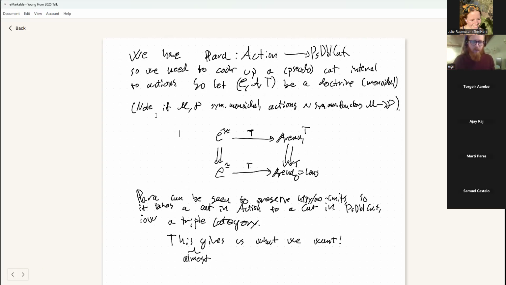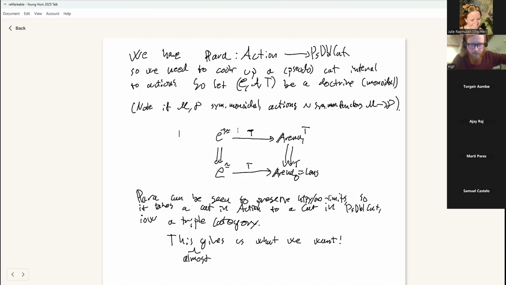For a reason that I won't get into, if this is symmetric monoidal, you can replace the category of actions with the category of morphisms in symmetric monoidal categories. A symmetric monoidal category acting coherently on another symmetric monoidal category is just a strong symmetric monoidal functor. In the same way, a commutative ring acting on an algebra is always just a map into the center, if you know about that sort of thing.